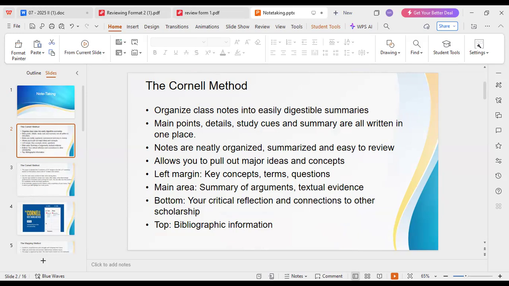That is why we call it the Cornell method. So this is again a very systematic note-taking framework. So here, what you can do is divide each page into specific sections, right? Yeah.